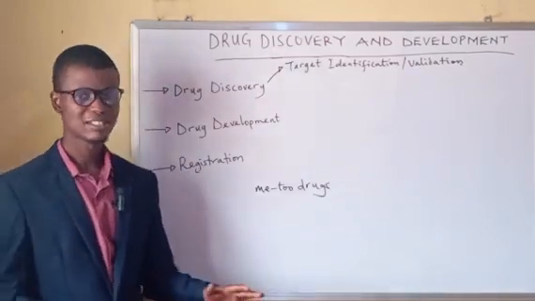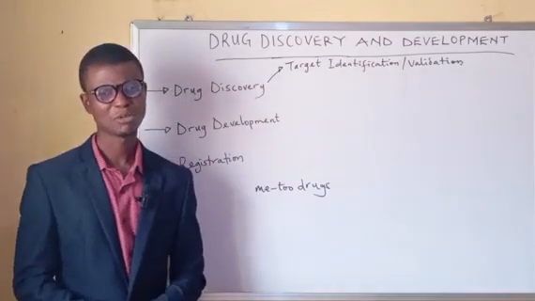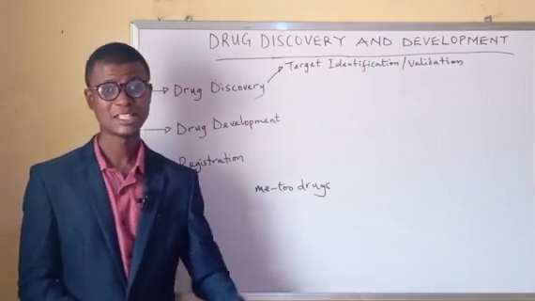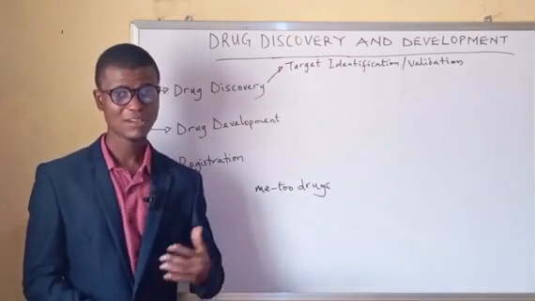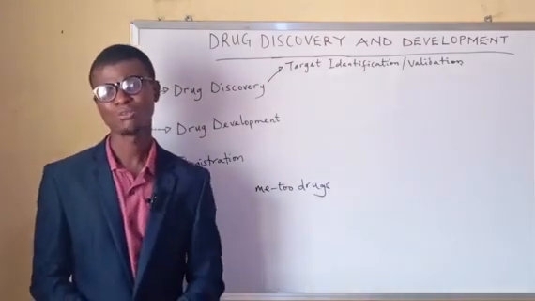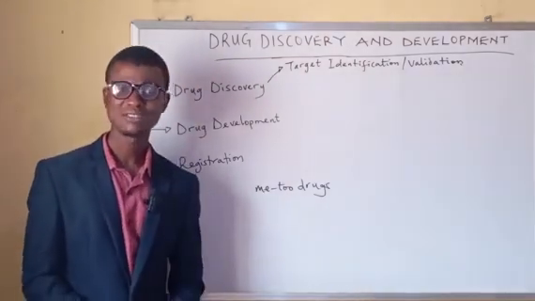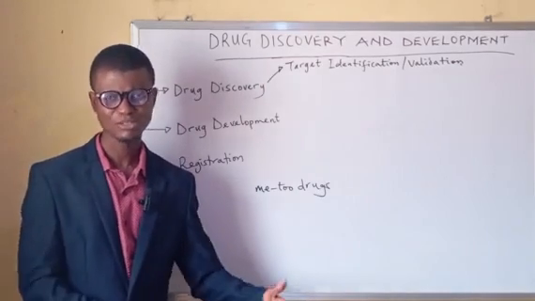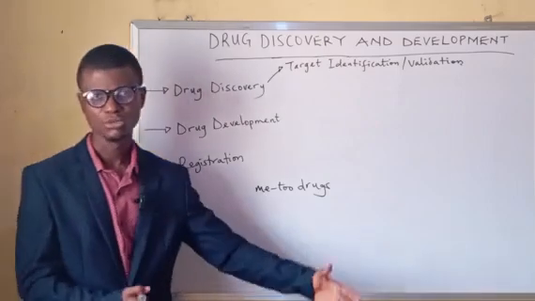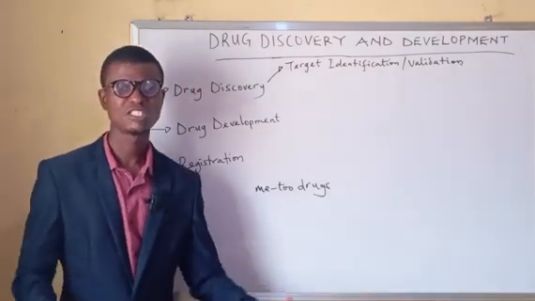Now, the process of target identification has become fairly interesting with a number of computer-aided drug design methods. We now have structural genomics, functional genomics, proteomics coming on board, and so many other methods. Particularly when you look at the PCR, polymerase chain reaction. Through that, we can do a number of gene sequencing and so on.